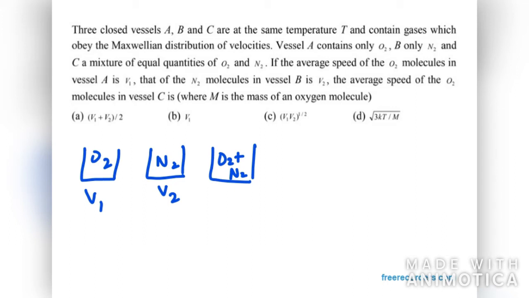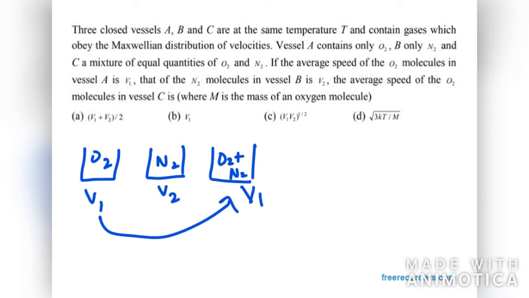Actually, the average speed of the molecule depends on temperature and molecular mass. There is no change in the temperature or the molecular mass, as suggested here. So VRMS will be the same as in the first one for the oxygen molecule.